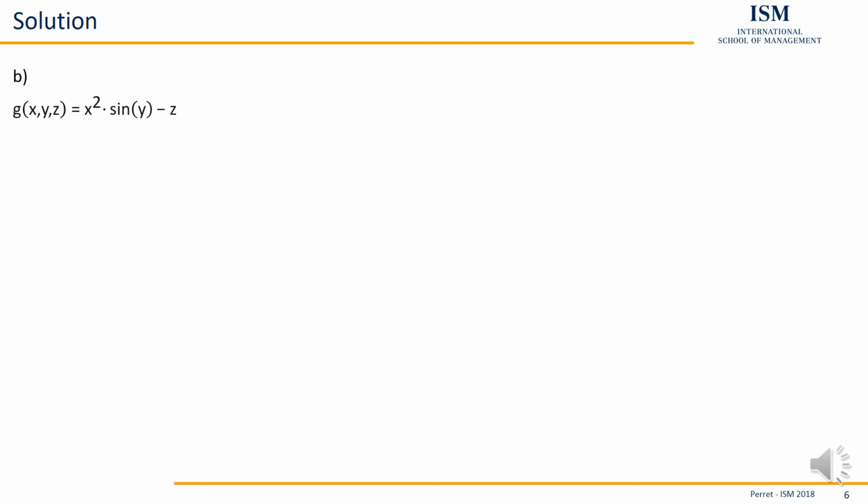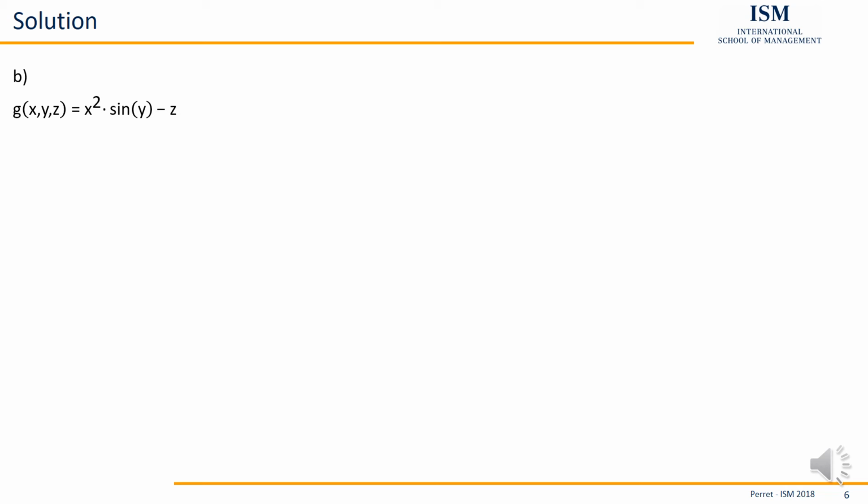With the second, our g, this is way easier, because here the variables are clearly in different places. You don't need any quotient rule, product rule, or chain rule. We could just start with the derivative for x. So it's just the x squared.